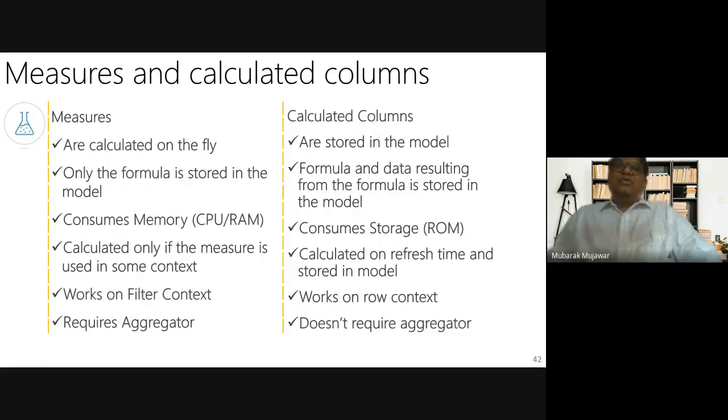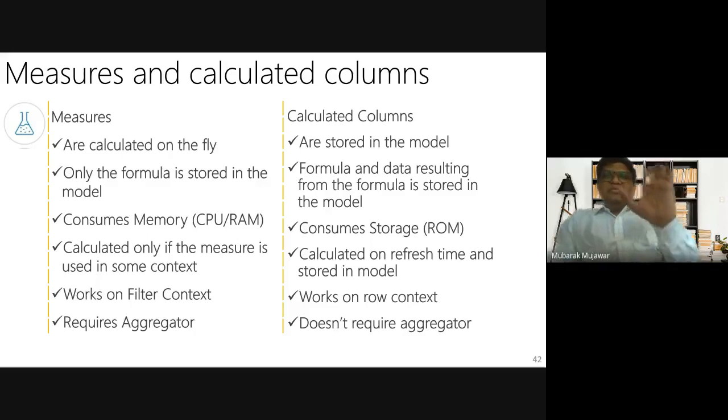One of the other things you can do, and I'm just going to go a little bit deeper, is that you can create custom columns. And those custom columns can be created in two ways. The first way is by creating some kind of measures. Otherwise, you can create calculated columns. Now, there is a slight difference between measures and calculated columns.